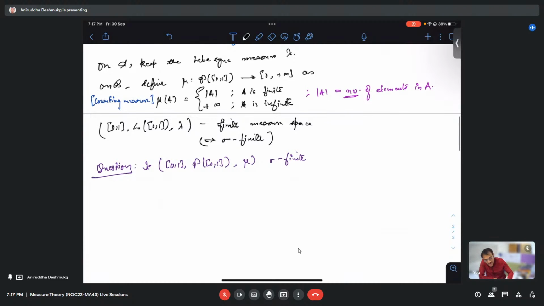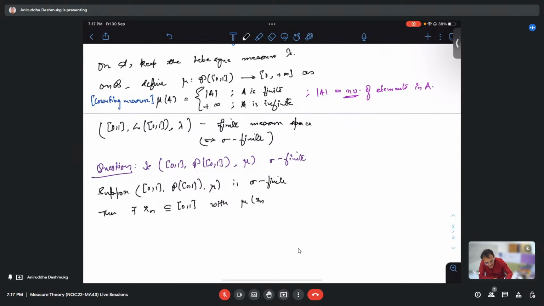So to understand the sigma finiteness, suppose it is. Suppose [0, 1], P([0, 1]), and the counting measure is sigma finite. Then there exist countably many subsets X_n of [0, 1] with measure of X_n finite and X_n intersection X_m empty for n not equal to m, such that the union of all these X_n's is all of [0, 1].